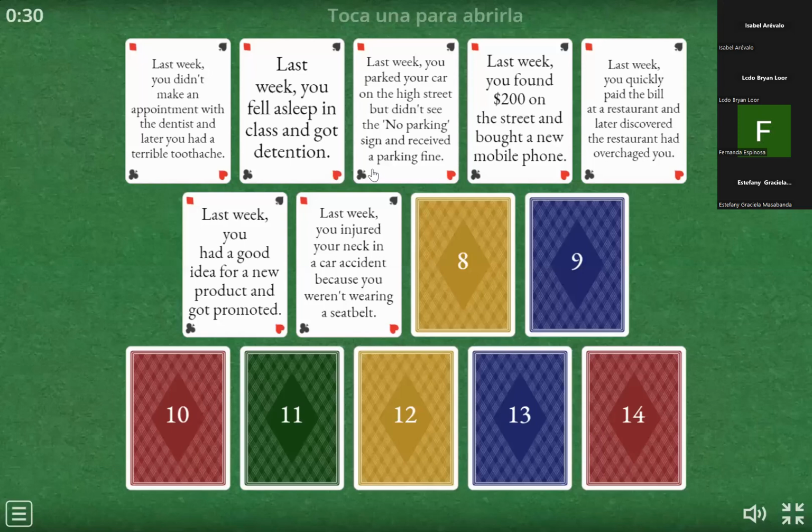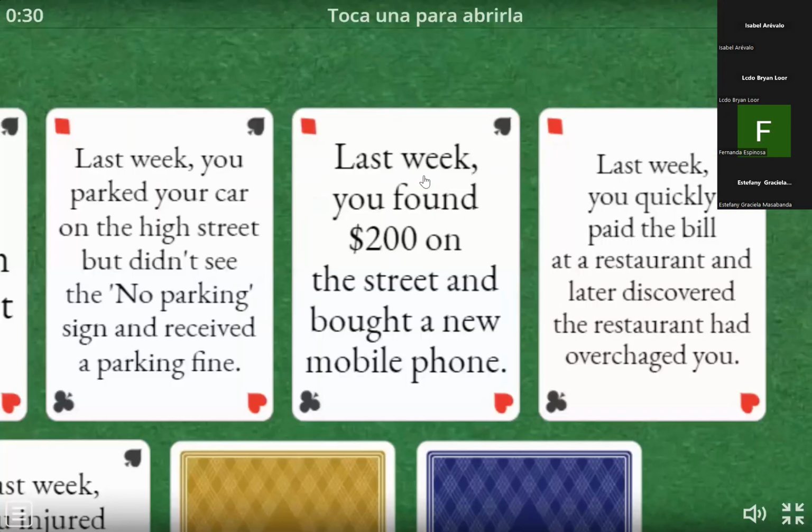Number 1, right? It said last week you forgot to water your plants and they died. And do you see the sentence here that said last week you found $200 on the street and bought a new mobile phone?